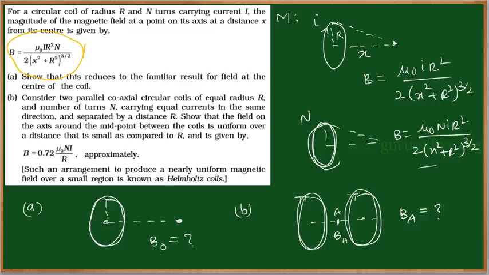Now I want to investigate the problem. Okay, investigation. It is given that B is equal to mu naught Ni r square by 2 into x square plus r square whole to the power of 3 by 2. This is the field for a point which lies on the axis of the circular coil having n turns.